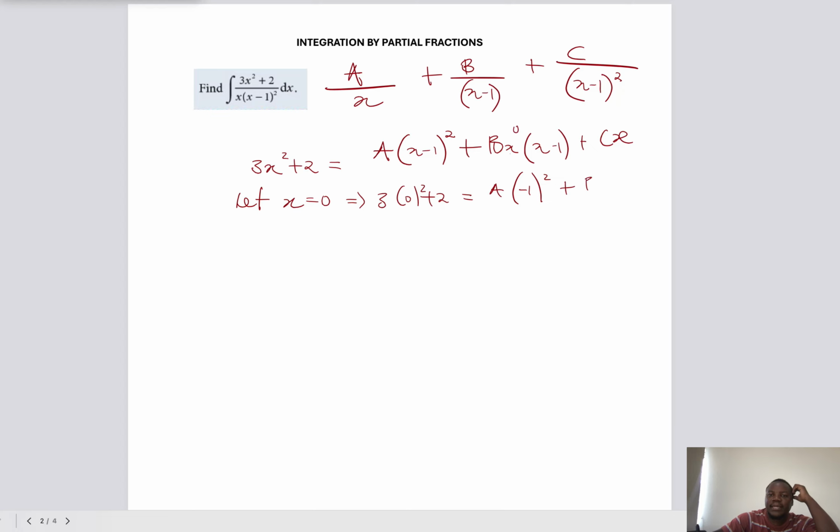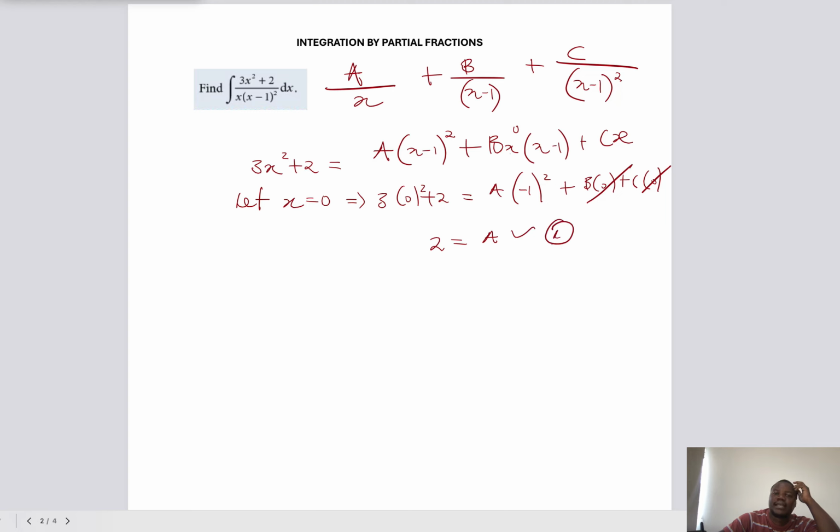So it's more like b times 0 plus c times 0. So all of these would be 0, to leave me 0 times 3 is 0 plus 2. So we've got 2 equals negative 1 squared is 1, implying that a is equal to 2. So we find a being equal to 2.